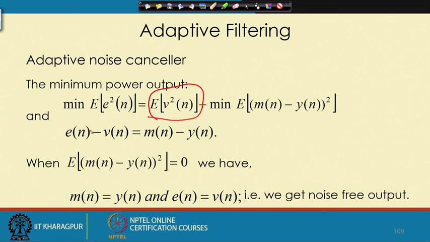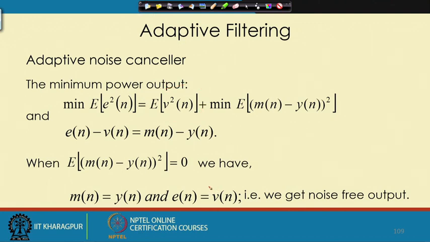The reason is that the minimization is done by changing the tap weights of the FIR filter. That does not have any effect on the energy of the input signal. However, it can change the estimate y n, and thereby it can change the second term, m n minus y n. So, when we minimize the error, the second term can be minimized, while the first term remains unchanged. Okay.